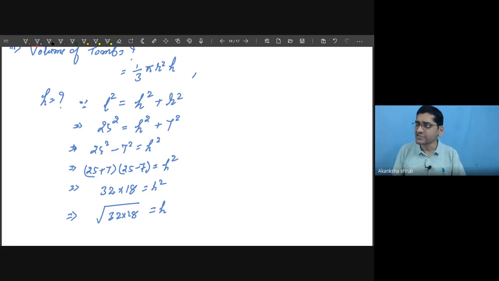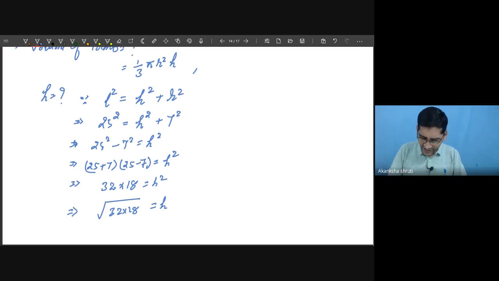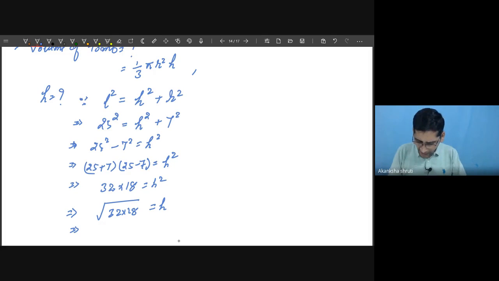Because it was h square. So how? You have to do the factorization. It can be written as 16 into 2 into 2 into 9. Can I write like this? Is equal to h. Why have I written this? From this 16 we can take the 4 out.